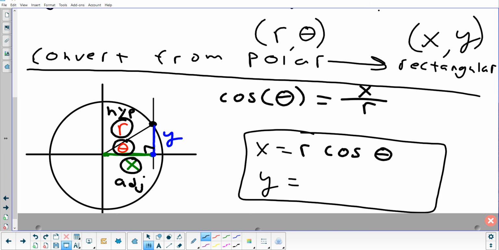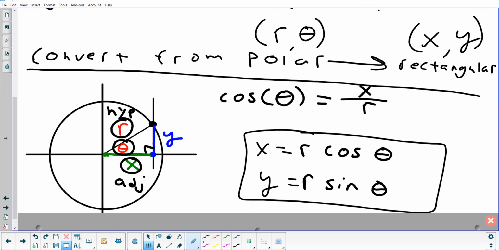And we could go through the same thing again, but anyone have a guess what the y formula is going to be? R sine theta. That's the formula to calculate the y value from a polar coordinate. Now notice the trig function we didn't use. We didn't use tangent. Well, we'll come back to tangent in a minute. But that's all we need for right now.